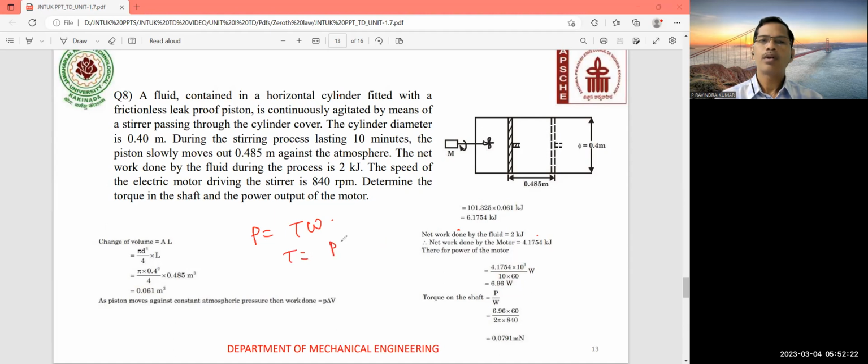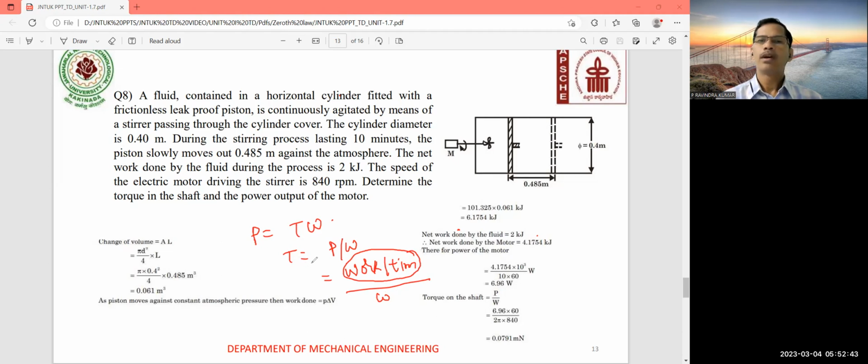Torque is equal to power divided by omega, or work divided by time gives the power, divided by omega. You should be careful about this particular case.